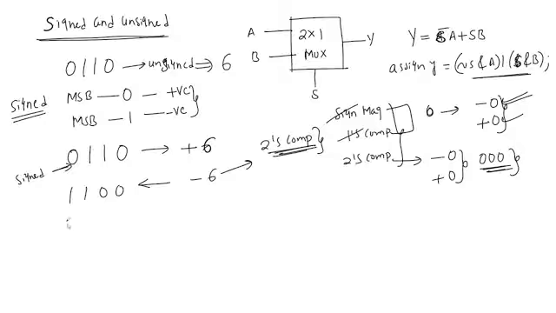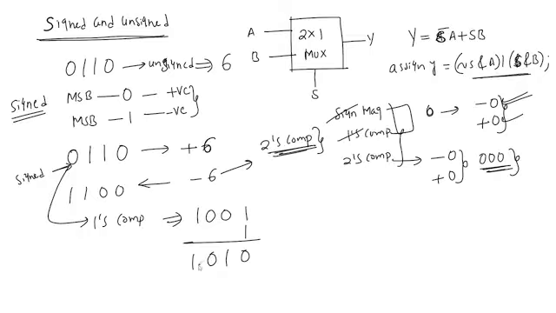So in 2's complement there is only one representation, remember this. What is the 1's complement? It is 1 0 0 1. Adding 1 to this, what do you get? 1 0 1 0. So like this it will store.